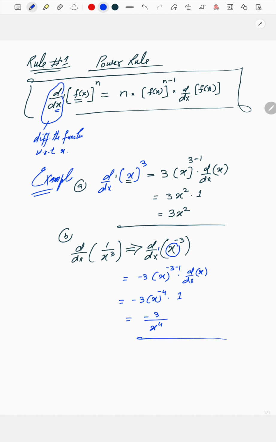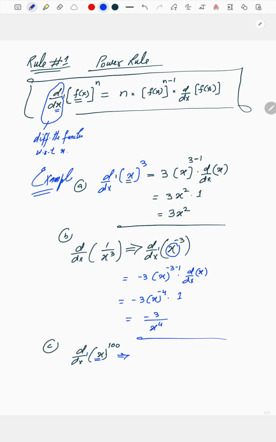Take one more example to justify this rule. Say we are going to differentiate x power 100. So what to do? Here you can see we have the function f of x, that is x, and the power n is 100. So the coefficient of the function is 1.